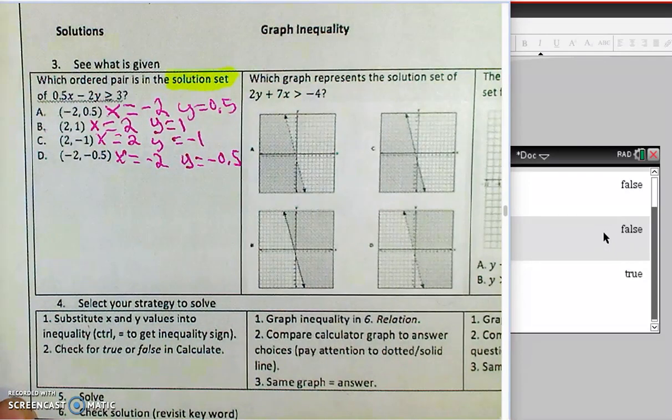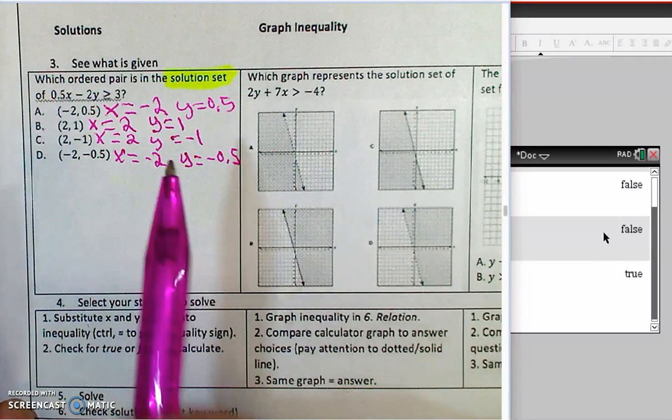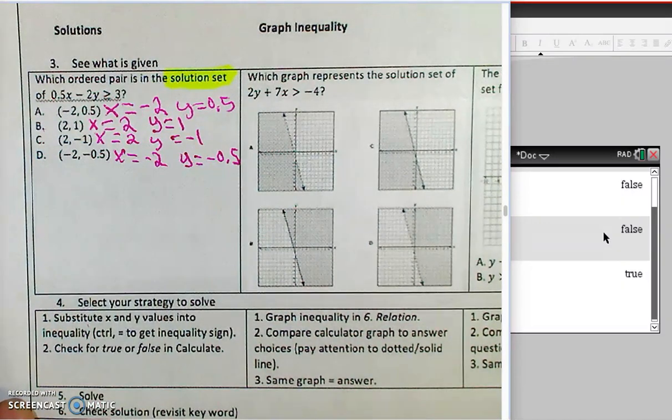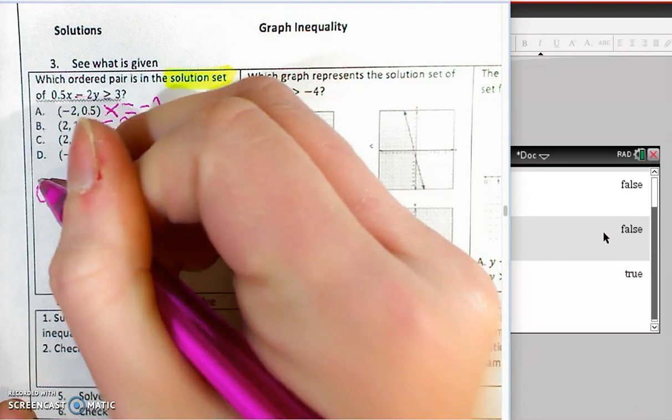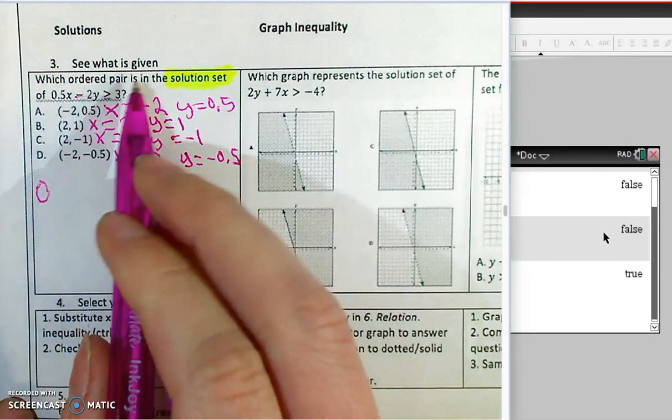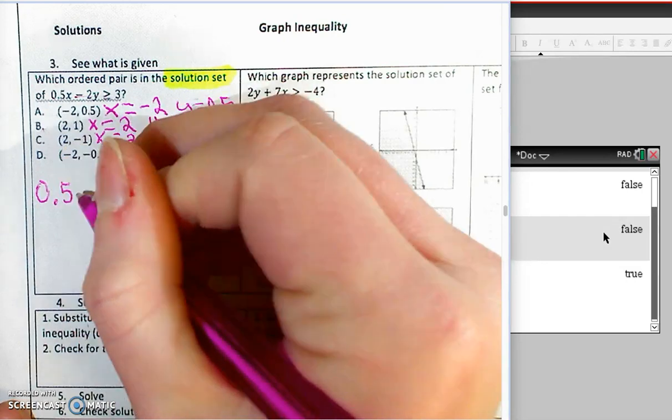What's really important to remember here is that you have to substitute both of those values into the inequality before plugging it into your calculator to check. So first, we're going to start with answer choice A. We are using the inequality from the question, which is 0.5.